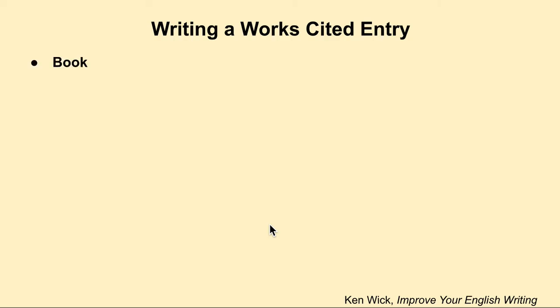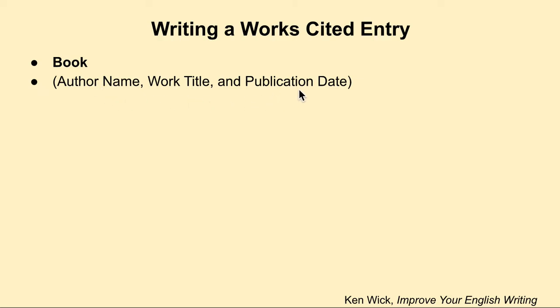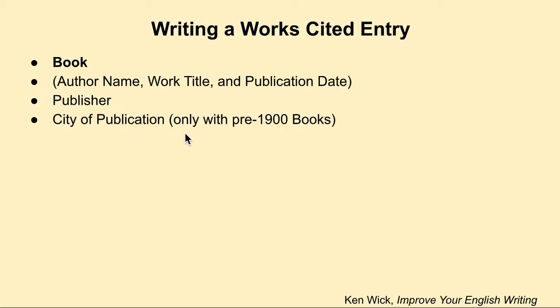Now let's go on to the publication details for a book. Remember, you always need an author's name, work title, and publication date, but here are the specific publication details for a book, which may apply. Remember, not all of them apply, so think about all of these when you're doing a book source. There could be a publisher, there could be a city of publication, which is usually only for pre-1900 books.